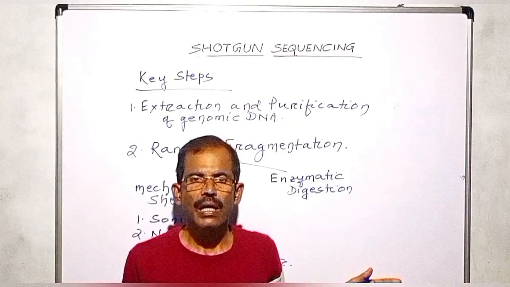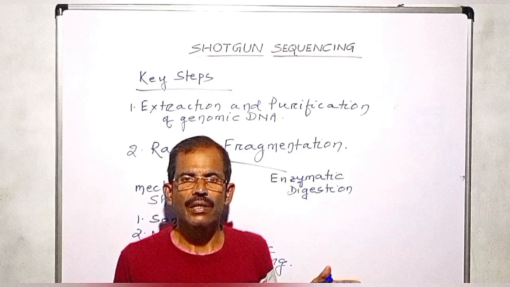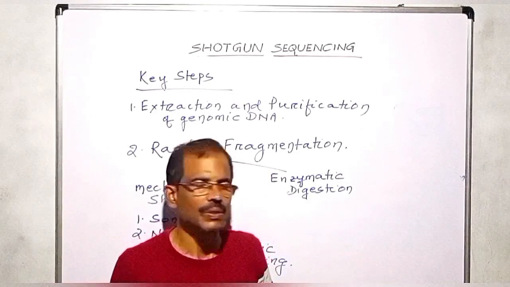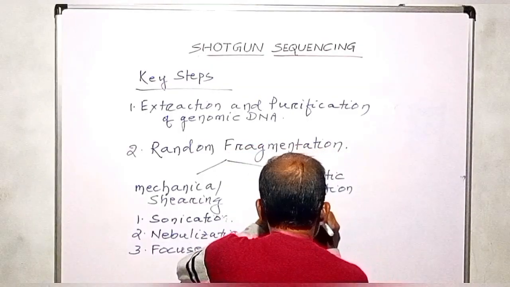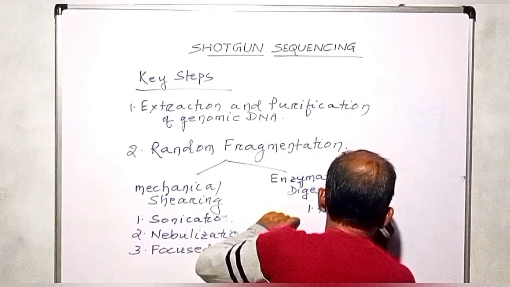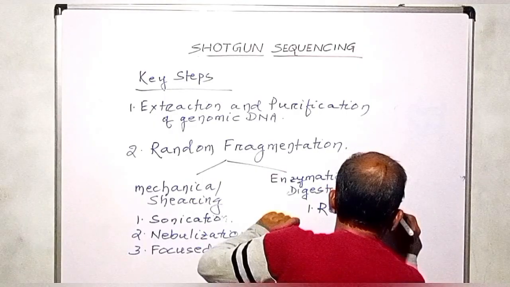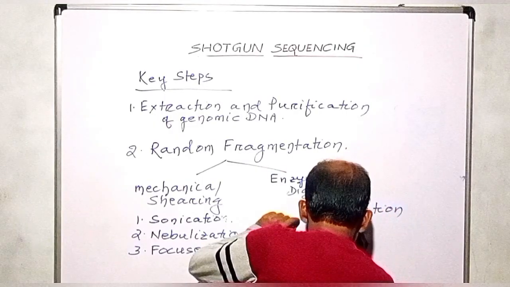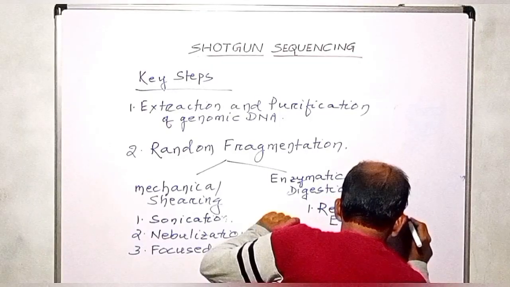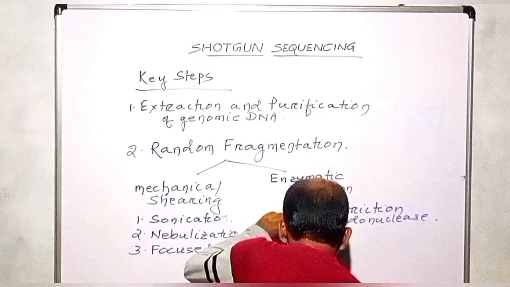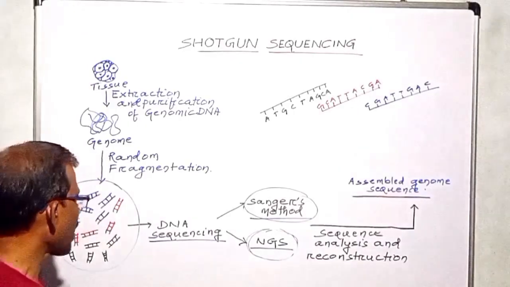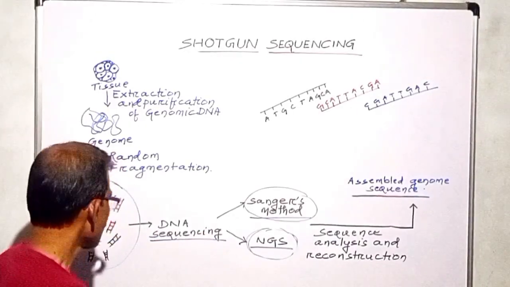In addition to mechanical shearing, the DNA can also be fragmented by using specific enzymes such as restriction endonuclease or DNase I. Fragmentation is followed by DNA sequencing.